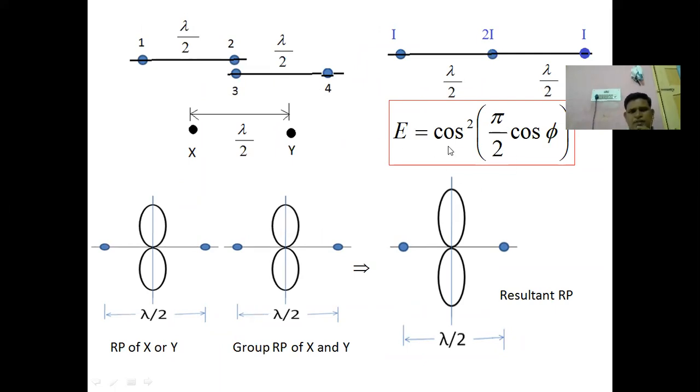Please substitute the phase difference in that equation and evaluate the electric field intensity. In this case we have the resultant binomial array. Here this is I, this is 2I and this is I. Therefore, we get E equal to cos square pi by 2 cos square. This is the pattern we get.